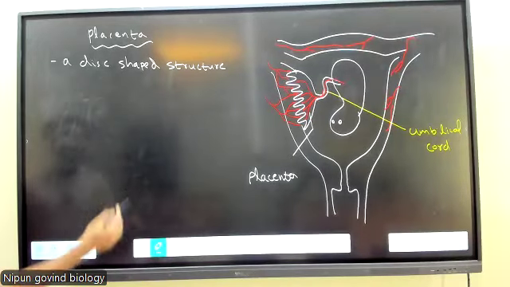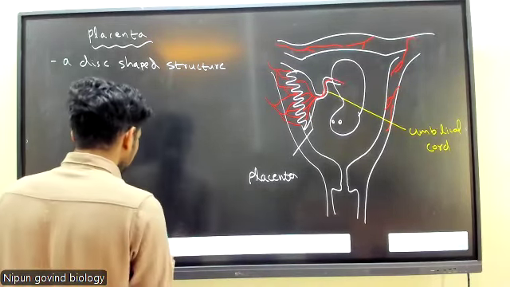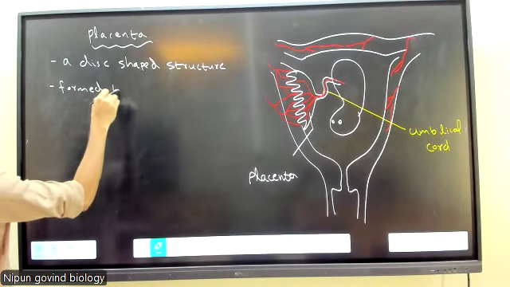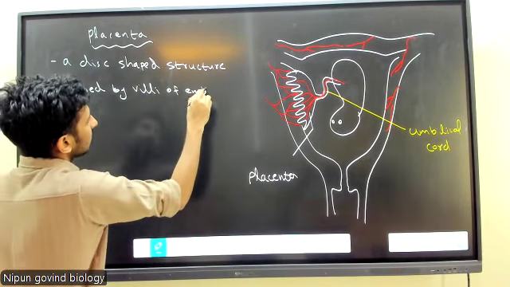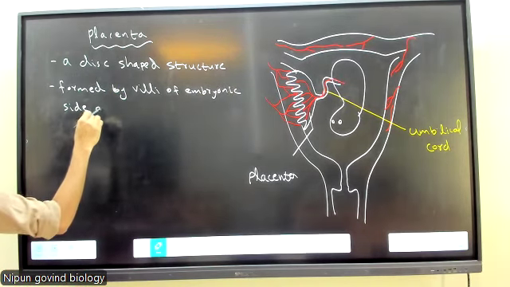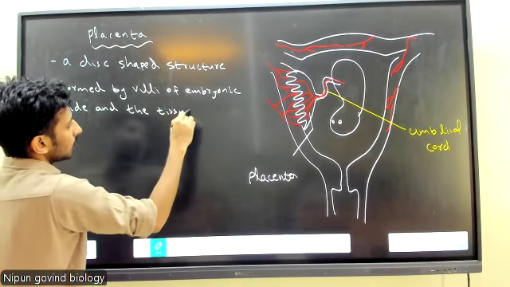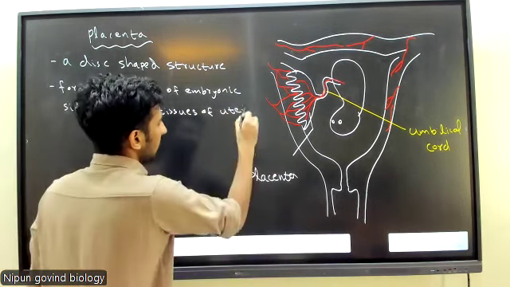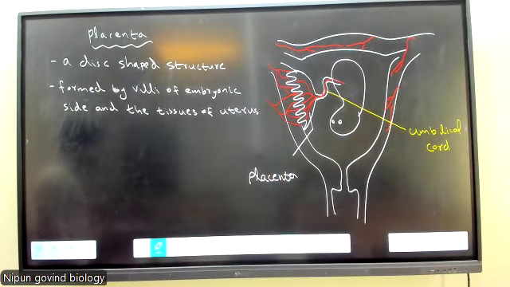Okay, guys, the placenta is a disc-shaped structure formed by villi of the embryonic side and the tissues of the uterus. Come on, guys, the placenta is formed by villi of the embryonic side and tissues of the uterus, isn't it?